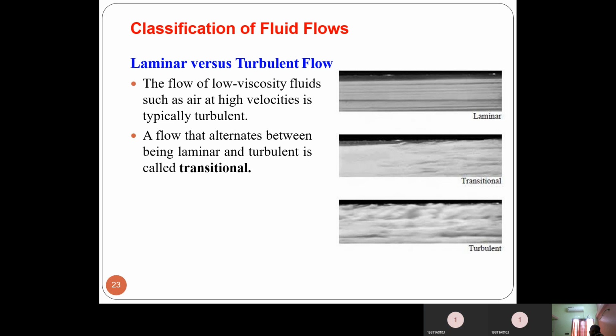If the Reynolds number is greater than 10 to the power of 7, then the fluid is called fully developed turbulent flow. So we have the information: critical Reynolds number for pipes is 2300 and critical Reynolds number for plates is 5 into 10 to the power of 5. Very important. Next, let us come to the next classification.